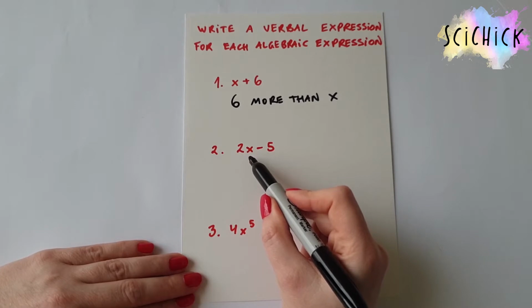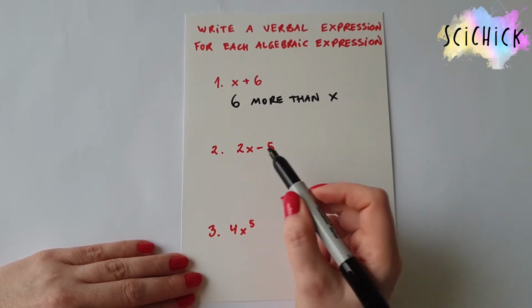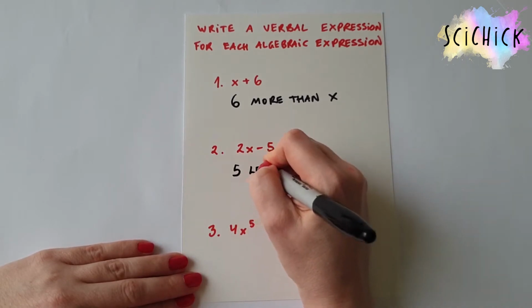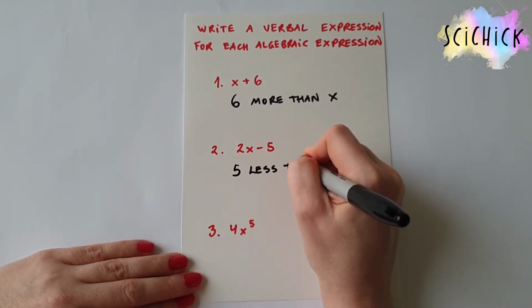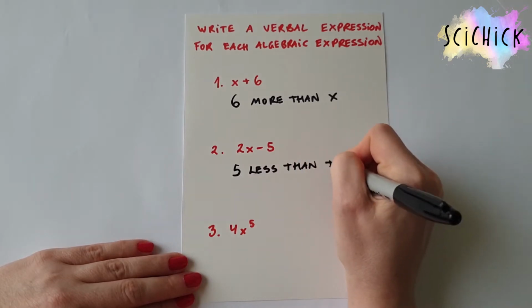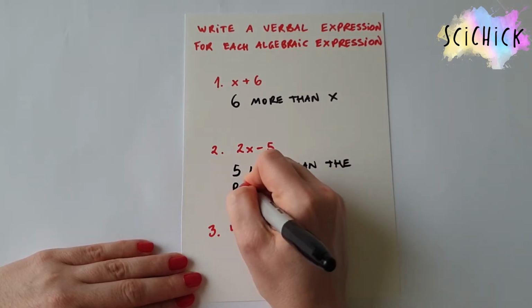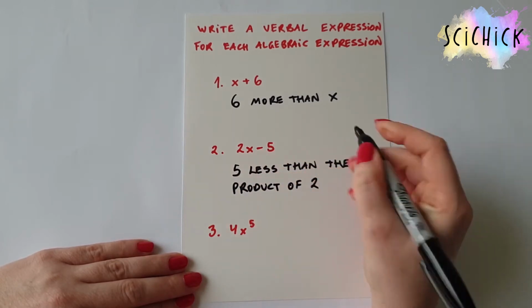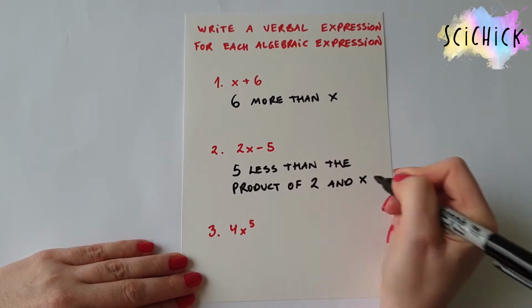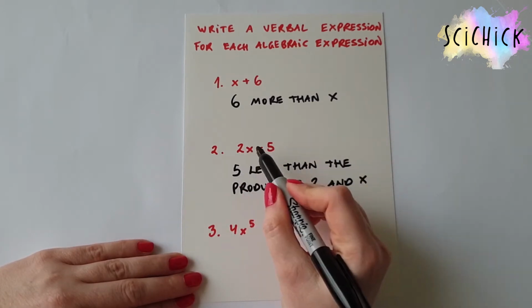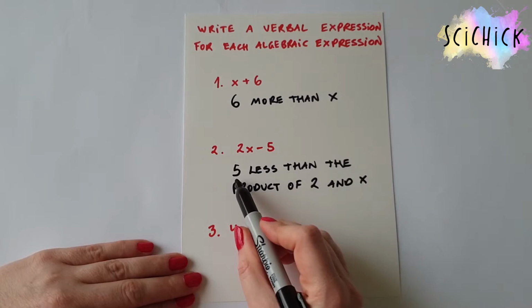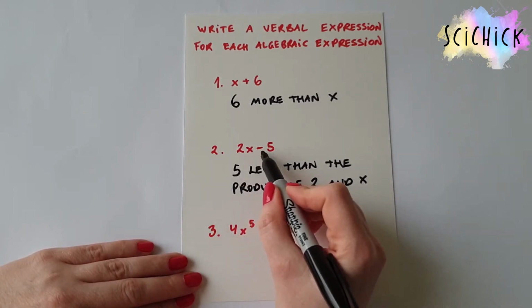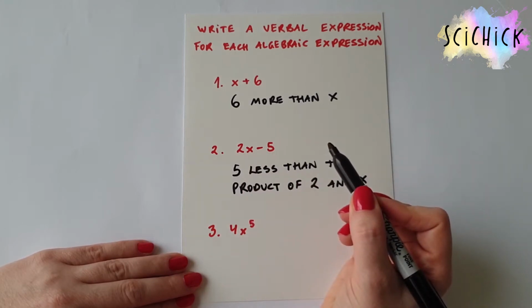Remember, we were learning about products in our last lesson, so it's cool to use that and write 5 less than the product of 2 and x. So this is our product, this is our 5, and it's 5 less than the product of this, which makes perfect sense, yes? 5 less than the product of 2 times x.